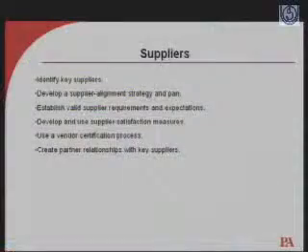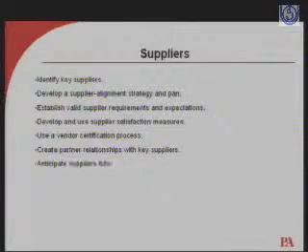So with the suppliers, we have to develop a partnership relationship. The suppliers are the extended arm of the utility. We have to ensure that. Some of the utilities use supplier satisfaction measures to improve upon their performance.